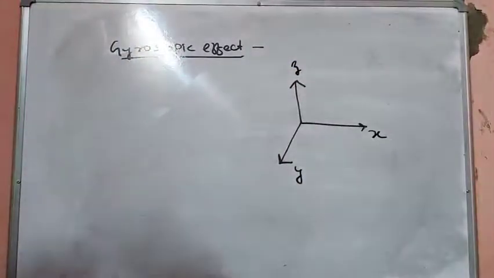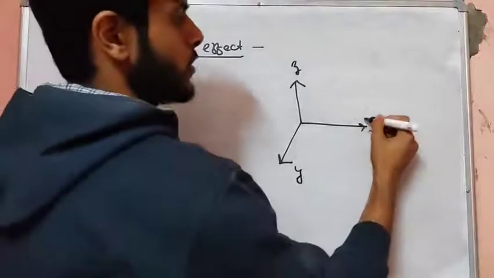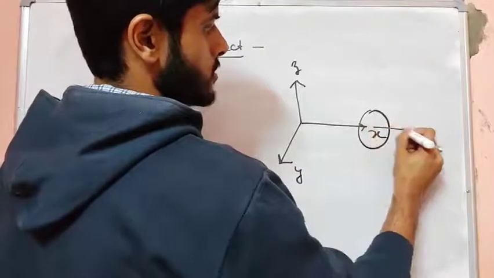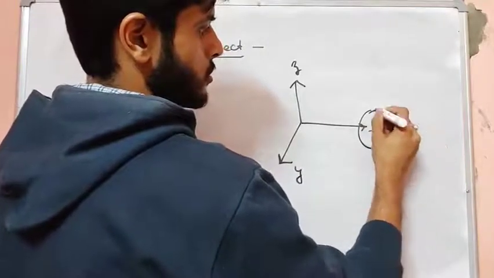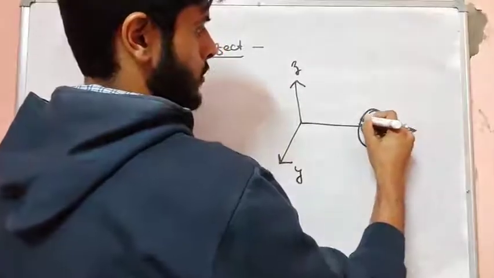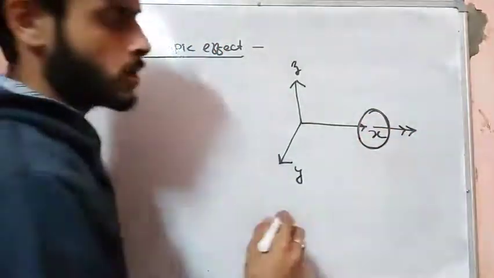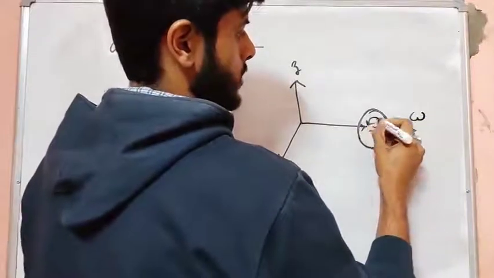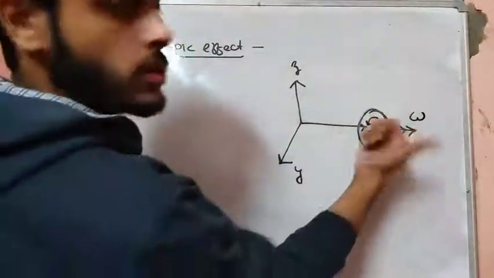Let's say we have a rotor like this. So we have a disc which is rotating about this axis with an angular velocity omega, let's say. This is the rotation according to the right hand rule.